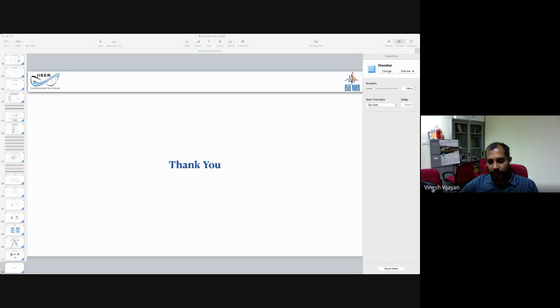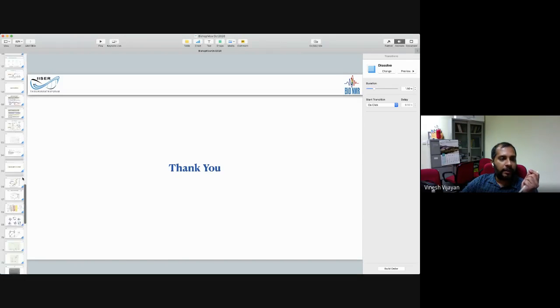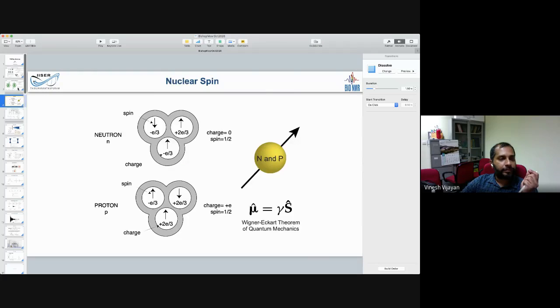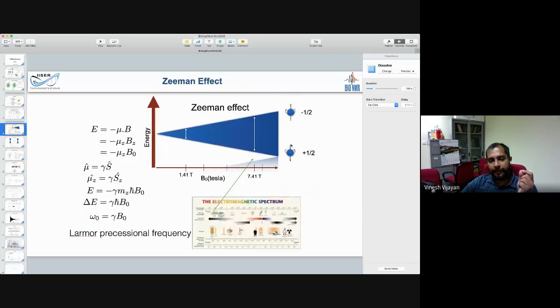Can J be negative also? How is it possible? Yes, J can be negative. For example, with nitrogen, it's because of the gyromagnetic ratio of some nuclei. As I told you, if the gyromagnetic ratio is different, then the polarizability differs. If you go and look at my first slide, I put the plus half down and minus half up.